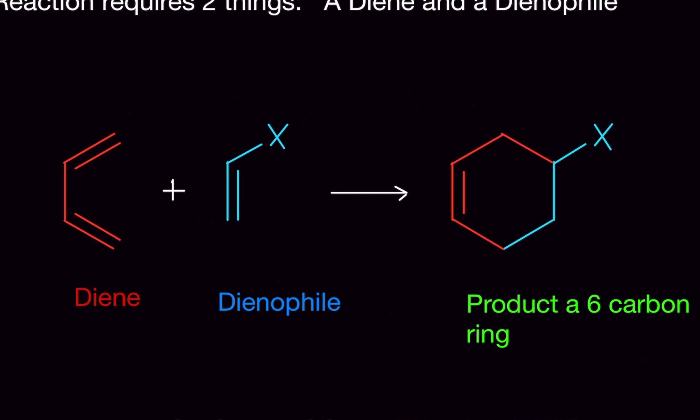A dienophile is what makes out with a diene. It loves dienes. A dienophile is basically a carbon double bond, an alkene, with a functional group attached, or 1 or 2 functional groups attached to it.